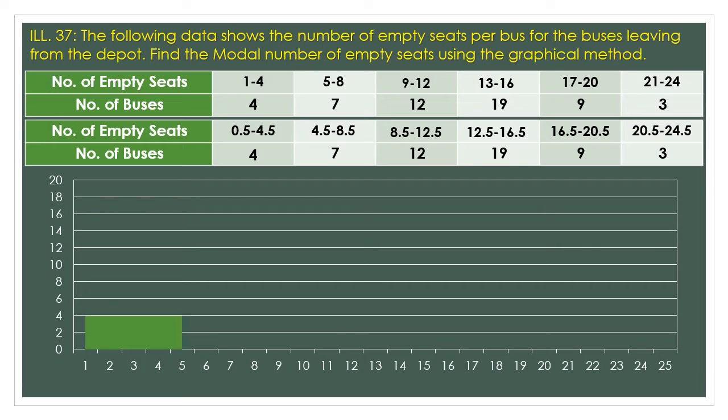On the x-axis it starts from 0.5 and stretches up to 4.5. That is its width, and the height, the frequency, is 4. So the histogram is drawn using the classes and the frequency: its width is according to its class and its height is according to its frequency.